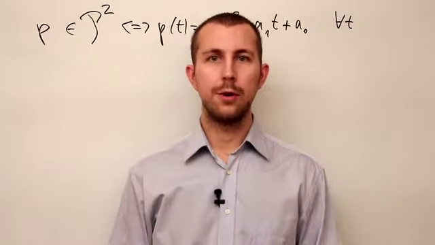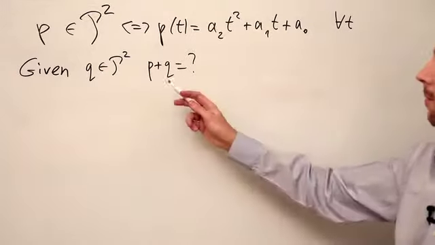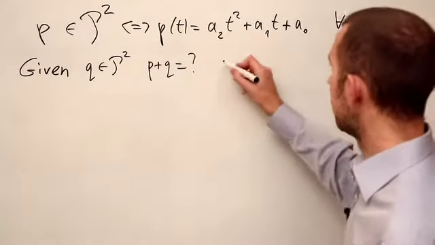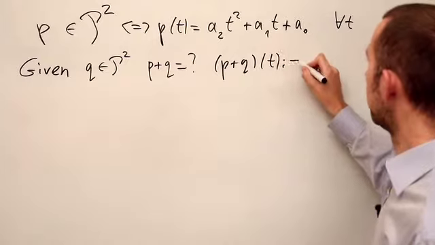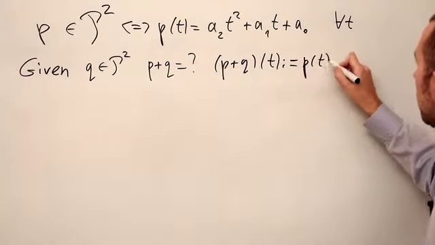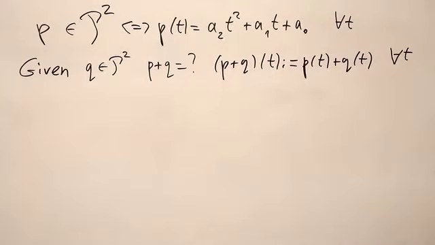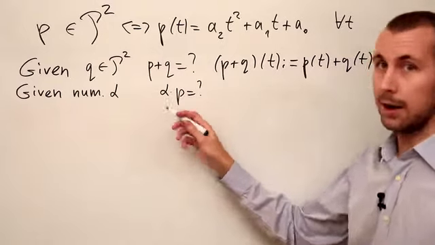Let us turn P2 into a linear space. Given another polynomial q in P2, what does it mean to find the sum of p and q? Let us define the sum p plus q to be a function of t given by p(t) + q(t) for all t. Similarly, given a number alpha, what does it mean to multiply p by alpha?